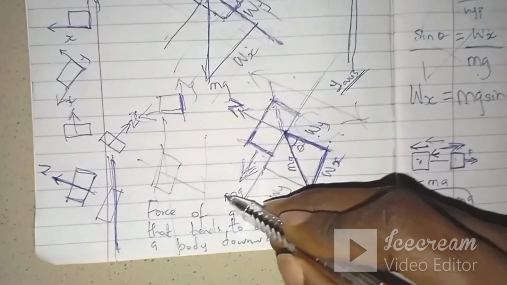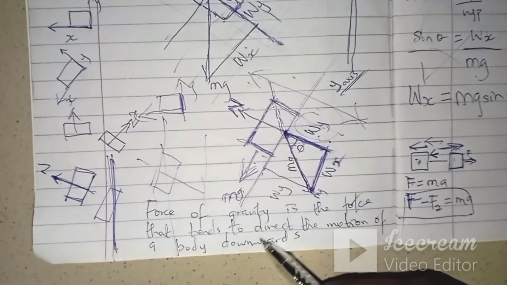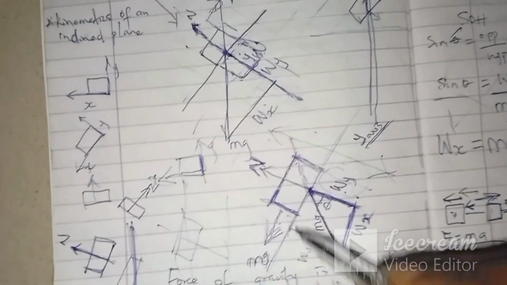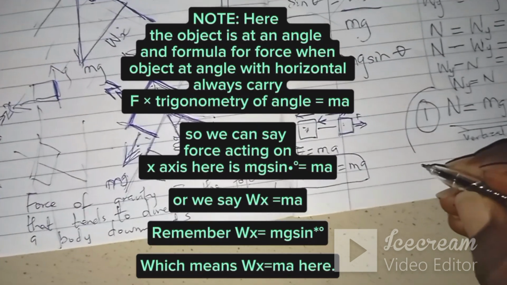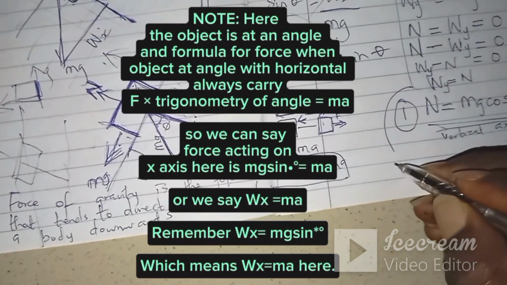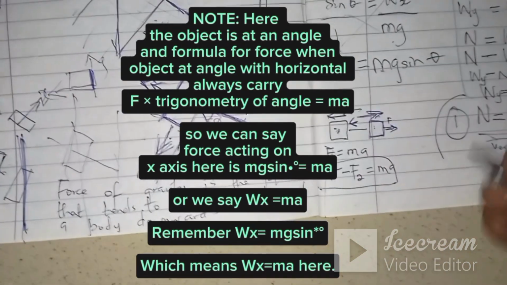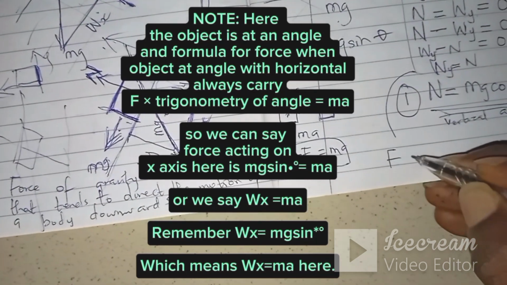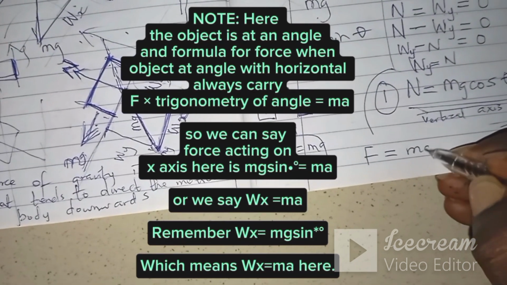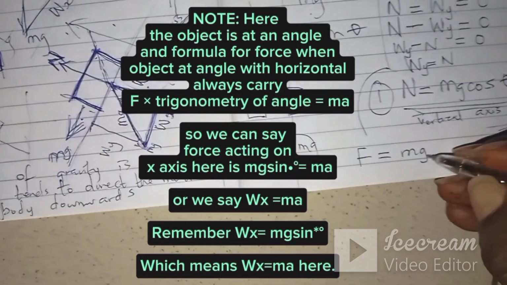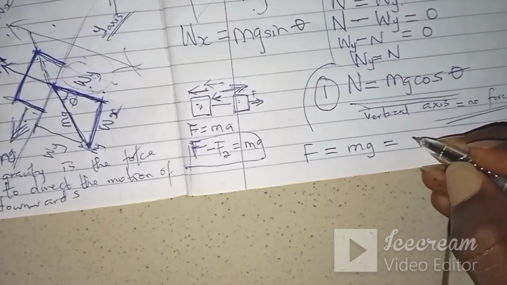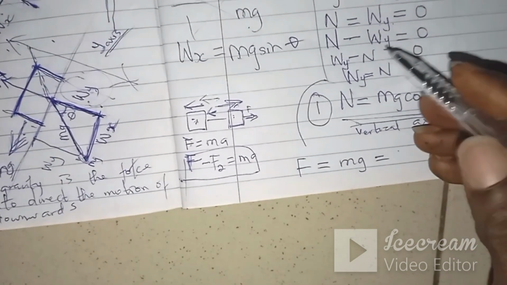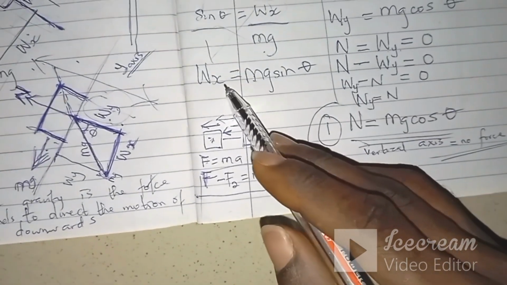Since we are on the horizontal axis, the force on the x-axis is equal to mg, and everything on the x-axis is Wx.